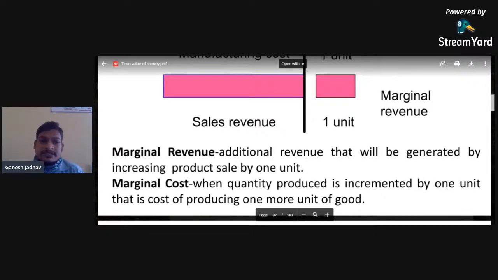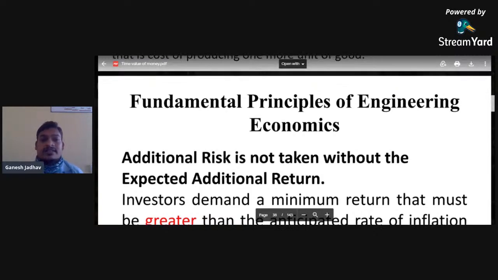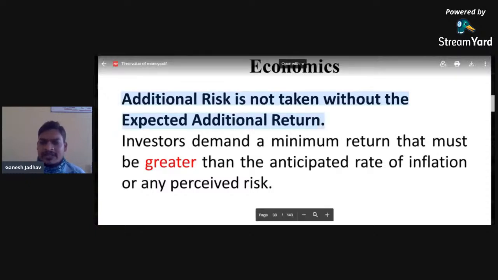Then another one is: additional risk is not to be taken without the expected additional return. Whenever you take any risk, you should know that you will get profit from that particular service, product, or project.